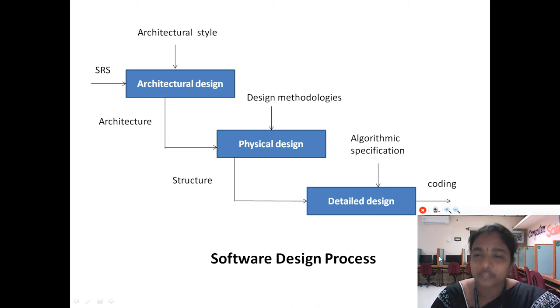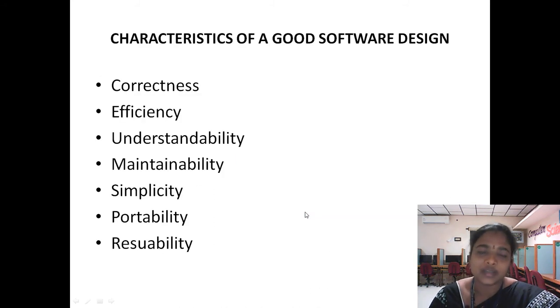So in software design, the input is the SRS document. With the help of that SRS document only we will design, and the output is going to be the algorithm by which we can develop the code. Right. So this is the software design process, and next we will see the characteristics of a good software design.